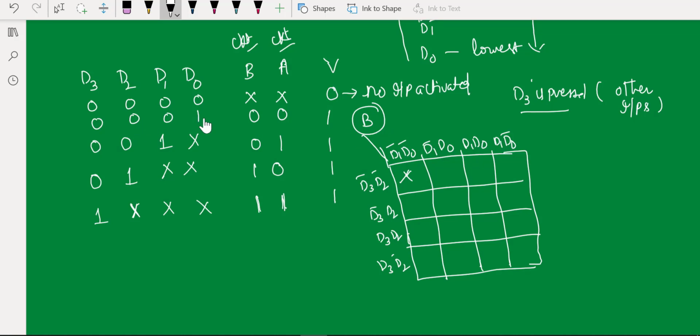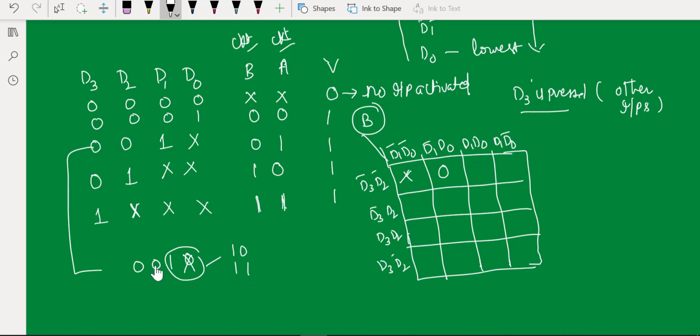That means when 0 0 0 1, you're going to produce the output 0. And if you take the next one, 0 0 1X, if you look at this term, it has all the possible combinations. 1X means you can replace this X with 0 or 1.